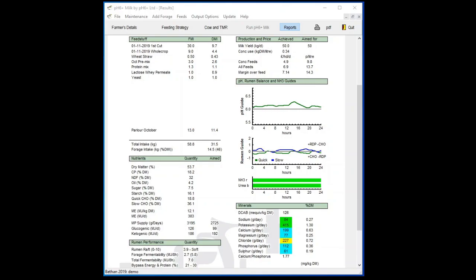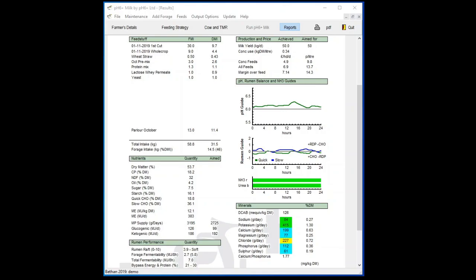Notice that these are not the same as the amounts put into the cow and TMR page, but they are in the same quantity. In the nutrients section, we can analyse the quantities of different nutrients consumed by our cows. It's not the same as in the cow and TMR section of the model, since there is parlour feed added to the TMR, according to our feeding strategy.